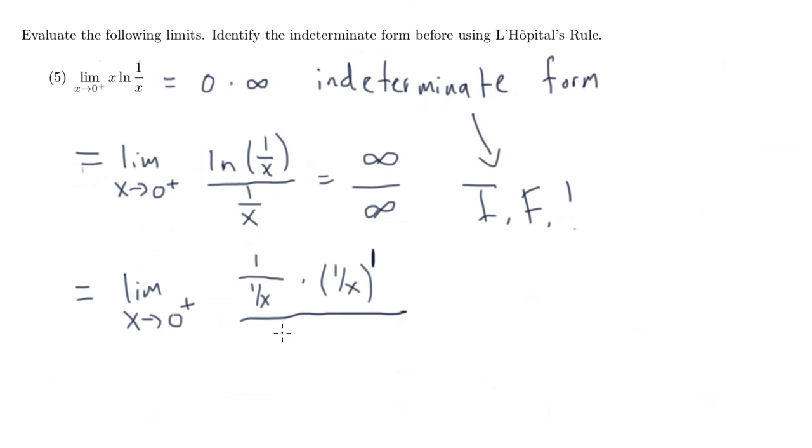And then the derivative of the denominator is 1 over x prime. I'm not even going to take the derivative. And why am I not going to do that? Well, because these cancel. So I have the same factor of the derivative of 1 over x on the top and bottom. So this is just the limit as x approaches 0 from the right of 1 over 1 over x, but we've already said that that's just x. So the limit is approaching 0.